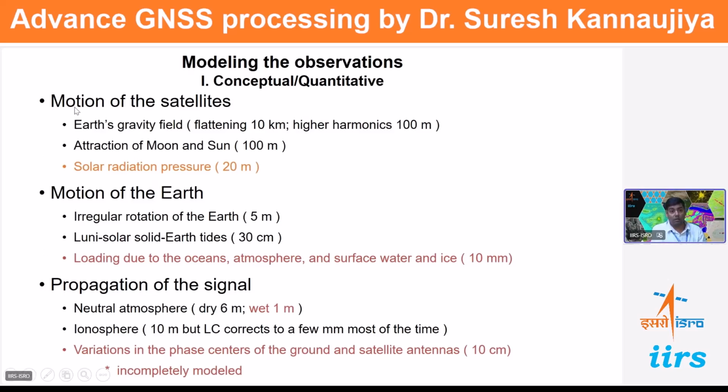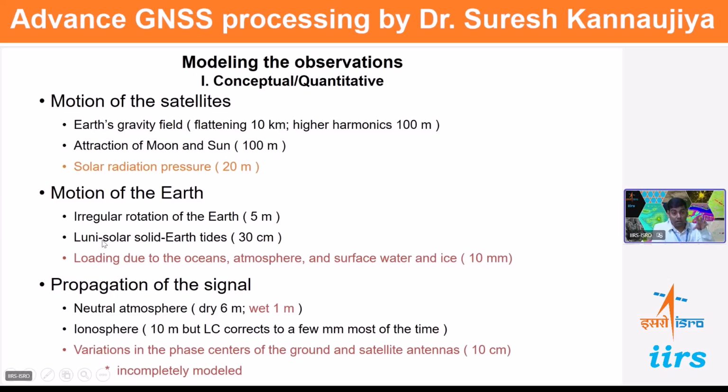There are different models like Earth gravity field, attraction of the sun and moon on the satellites, irregular rotation of the Earth, lunisolar solid Earth tides, neutral atmosphere, and ionosphere. These we are able to model accurately through long-period data. This defines the motion of the satellites, the motion of the Earth, and the propagation, and is how it affects the data.